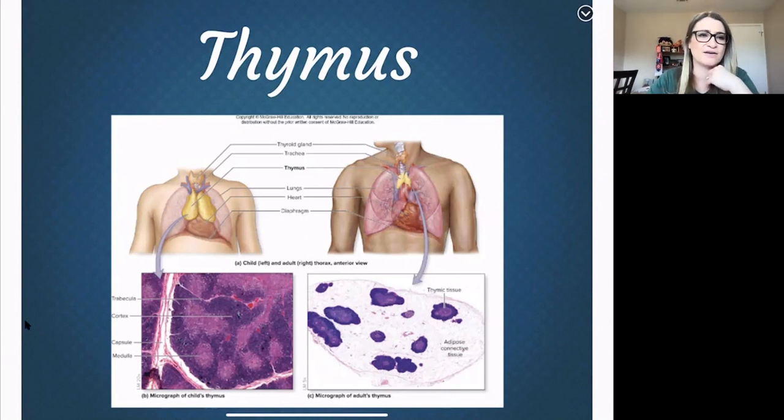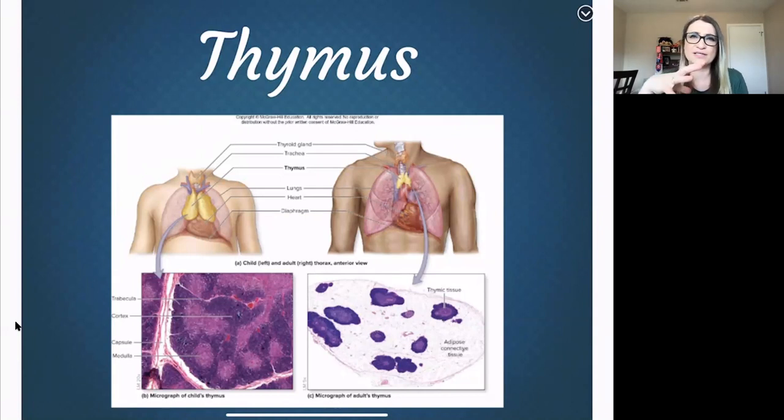You can see the micrograph of a child's thymus, and that's all thymic tissue, all that purple, pink stuff. You see a capsule there, which would probably be a lobe of the thymus, and you can see the darker area, that's the cortex of a thymic lobule, and then the lighter area, that's the medulla of each lobule.